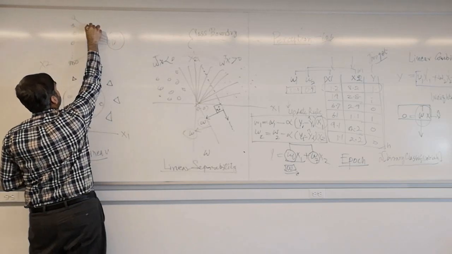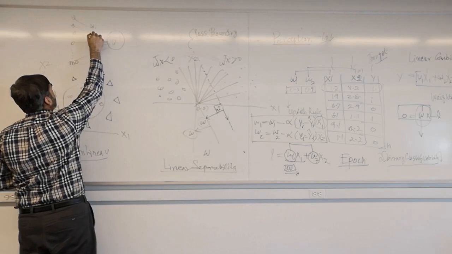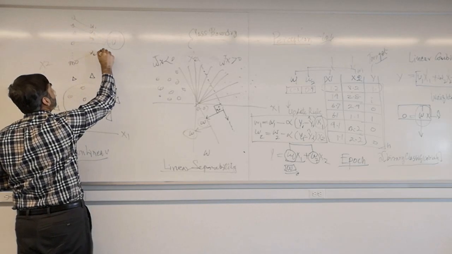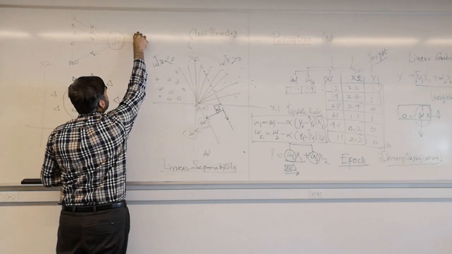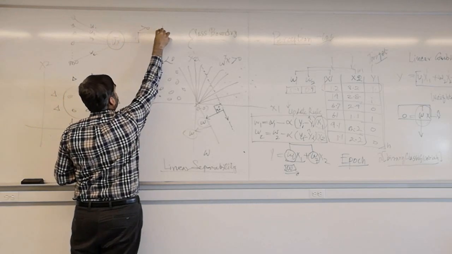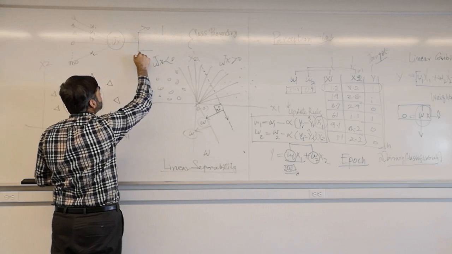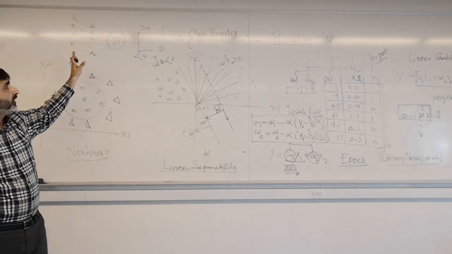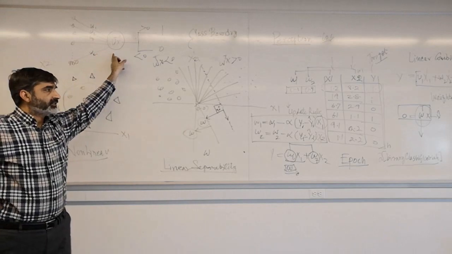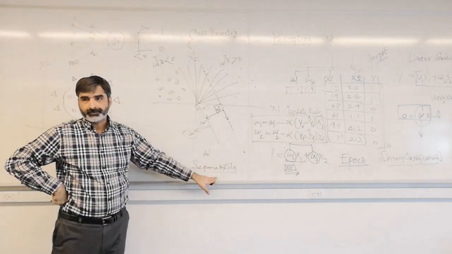Every connection has a weight, W1, W2, W3, Wm. You apply W transpose X, you check. If it is greater than 0, you say class is 1. Less than 0, you say class is 0. That's all you do. Now, this unit is good only for linearly separable problems.